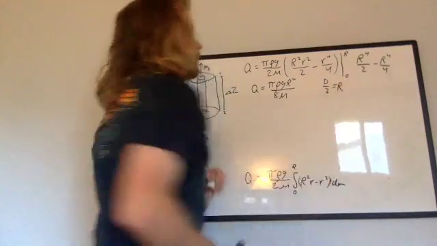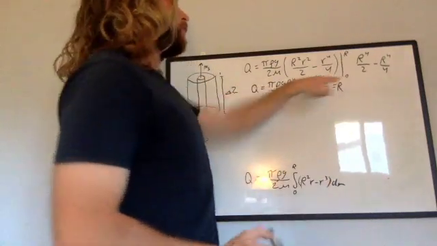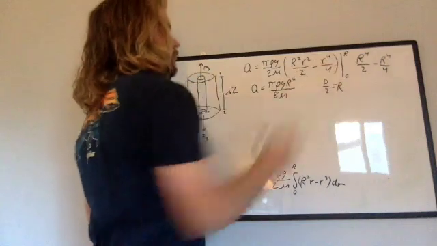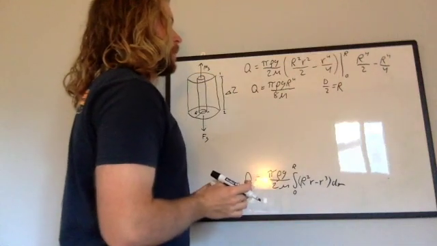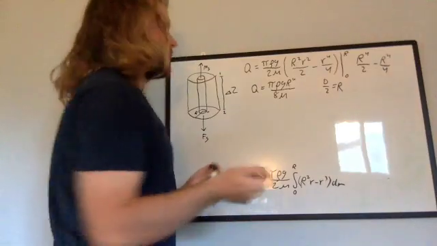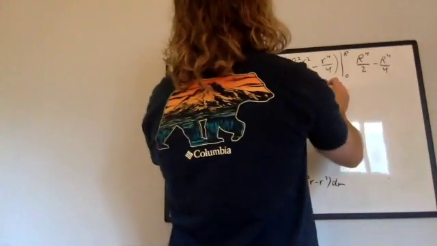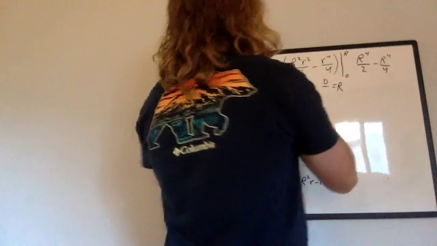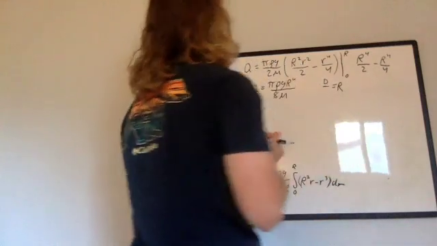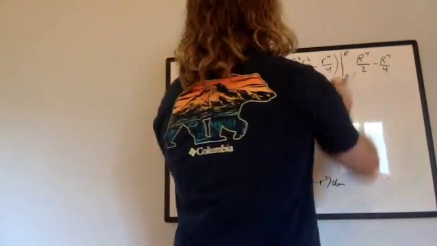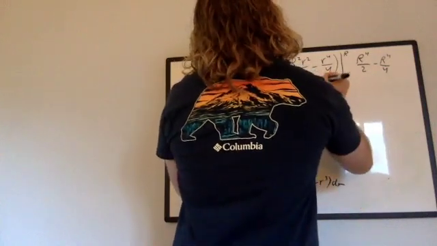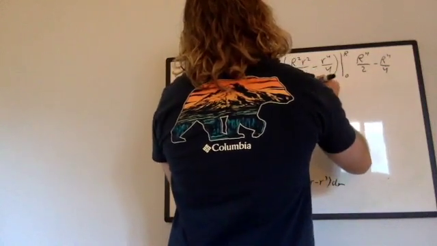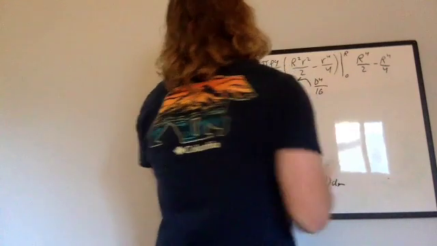What's going to happen when you take both sides to the 4th is this is going to become d to the 4th. I believe 2 to the 4th power is going to be 16. So this is going to become d to the 4th over 16 that we would substitute in for r right there.